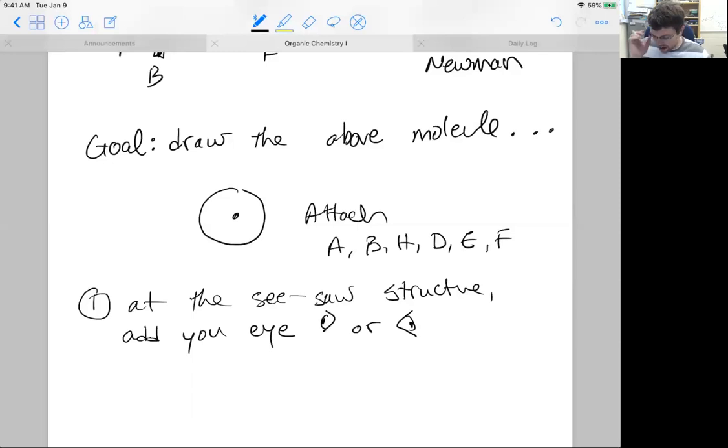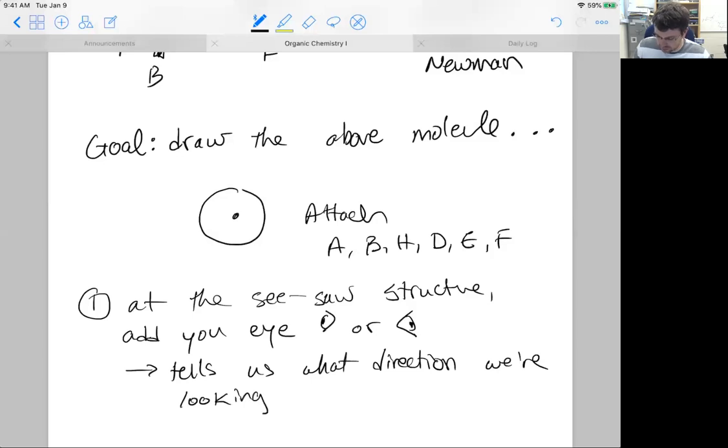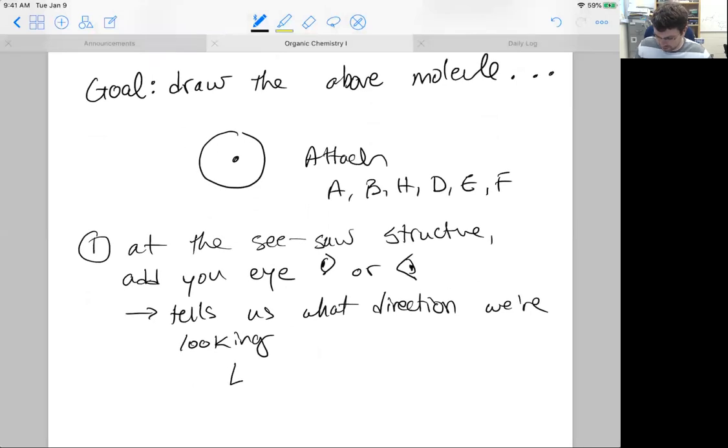So we add our eyes to the image, and that tells us what direction we're looking, which is important for establishing what's the front carbon atom and what's the back carbon atom. So it establishes the dot and the circle.